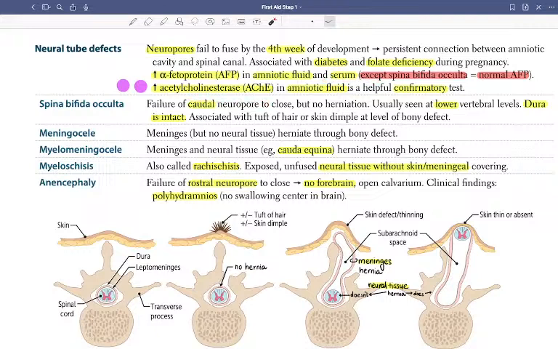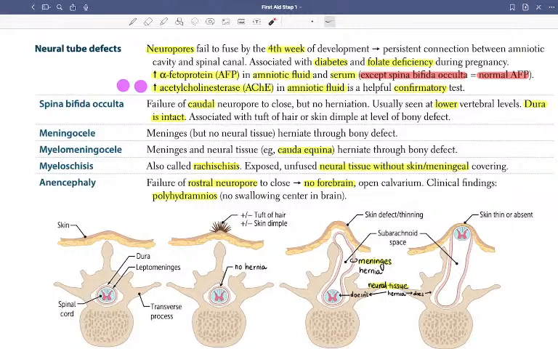So in amniotic fluid, A for amniotic fluid, A for alpha fetoprotein. Amniotic alpha fetoprotein, and acetylcholinesterase in amniotic fluid is also increased. So these are all amniotic fluid parameters that we see.